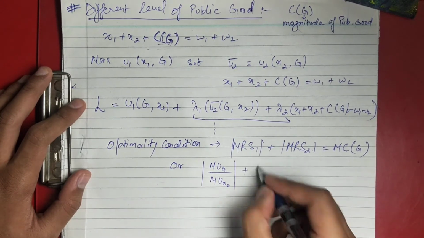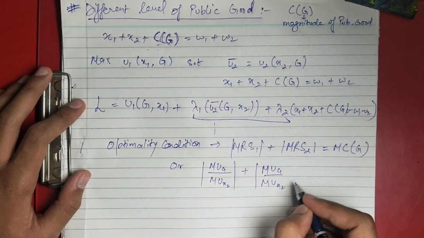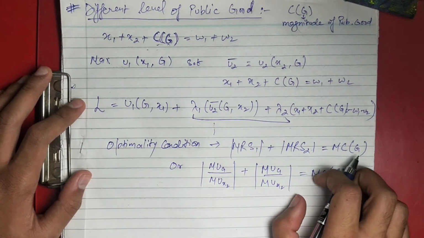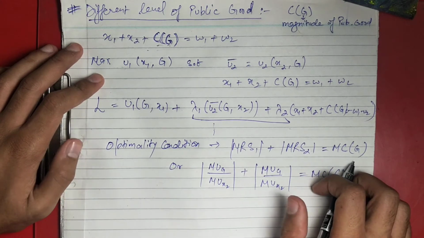Similarly, you can write the other one this way, and the sum is equal to MC of G. So this is your optimality condition.